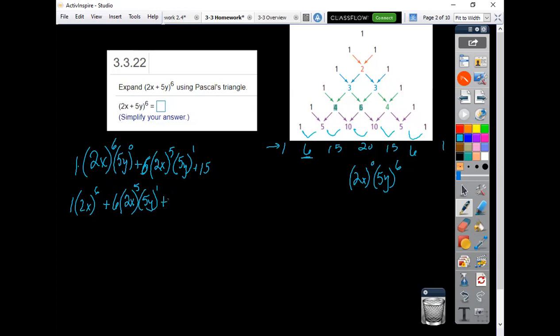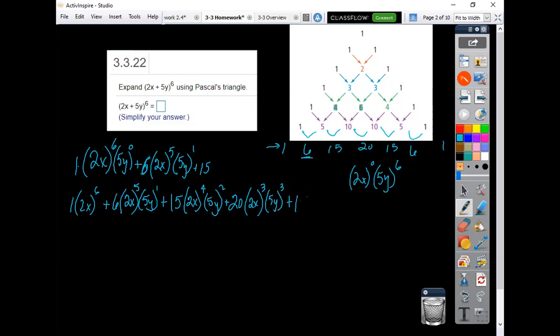And then my 15 comes next, and it's the 2x to the 4th, 5y to the 2nd. These are always going to add up to 6 up here because the whole thing is being raised to the 6th power. And then I've got the 20 from Pascal's and the 2x to the 3rd, 5y to the 3rd.